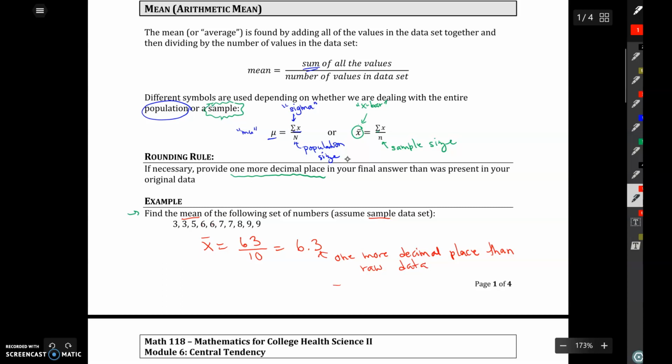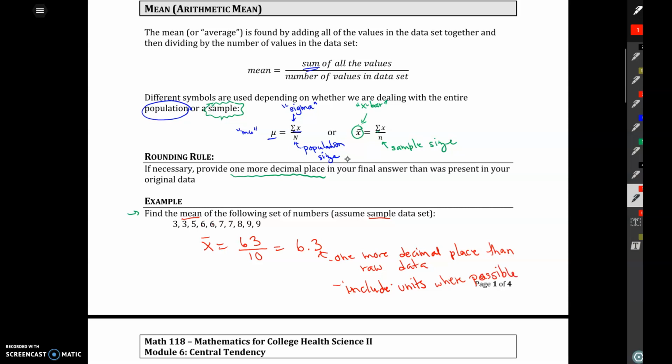This data doesn't have units, but we would include units if we know what they are, where possible, and they would match whatever units the data is measured in.